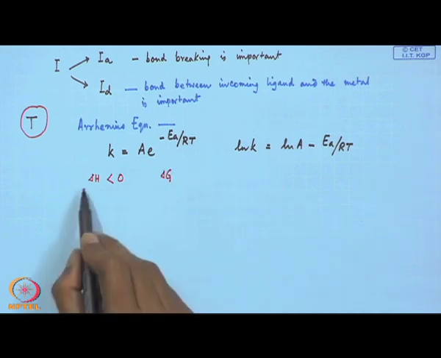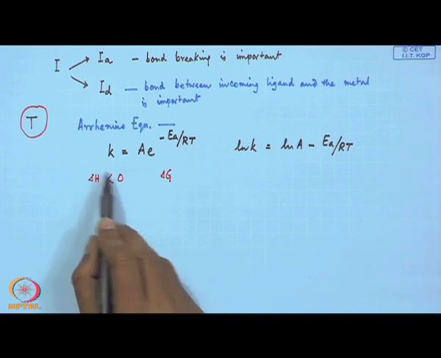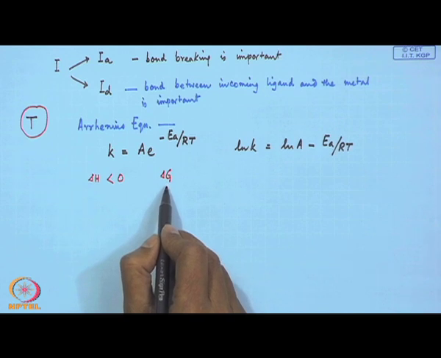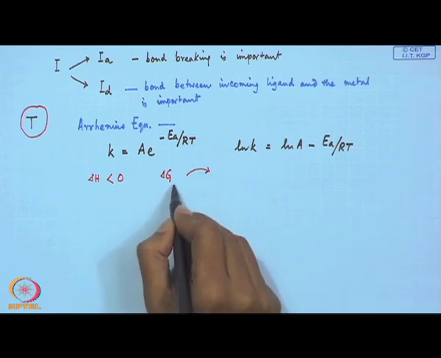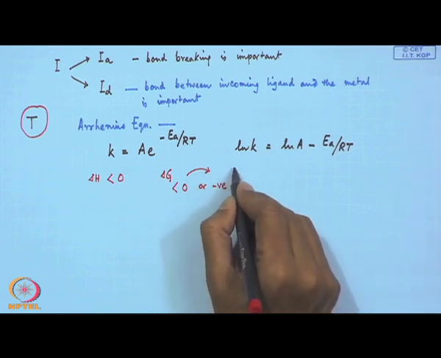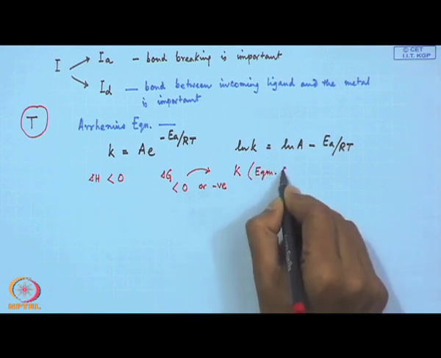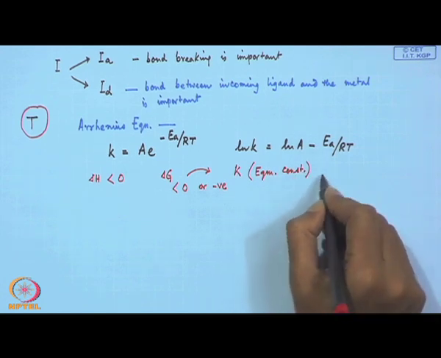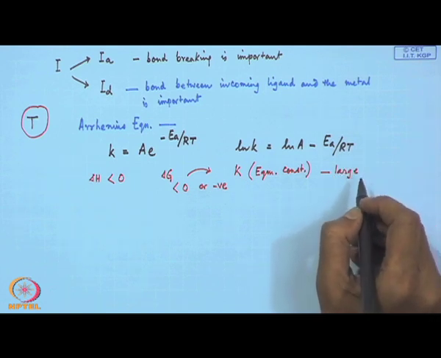Delta G is related to delta H through T delta S, and the temperature effect is on the entropy term, but the heat of reaction is directly related to the free energy change of the reaction. If this is negative, we have the K value, the equilibrium constant, which would be large.